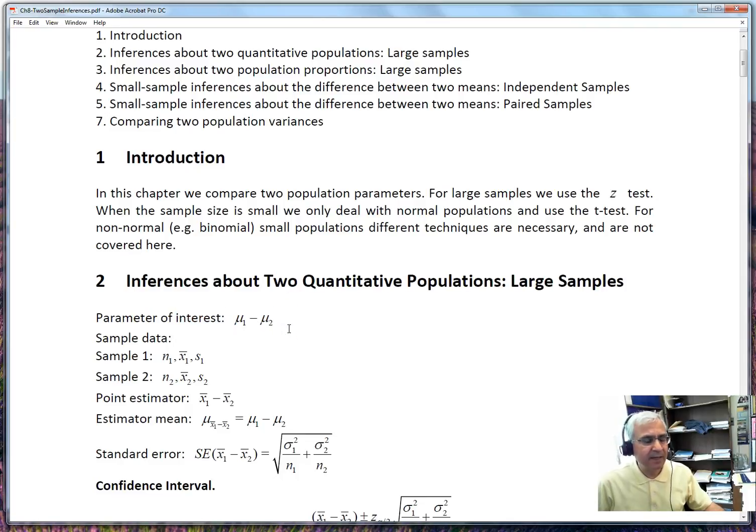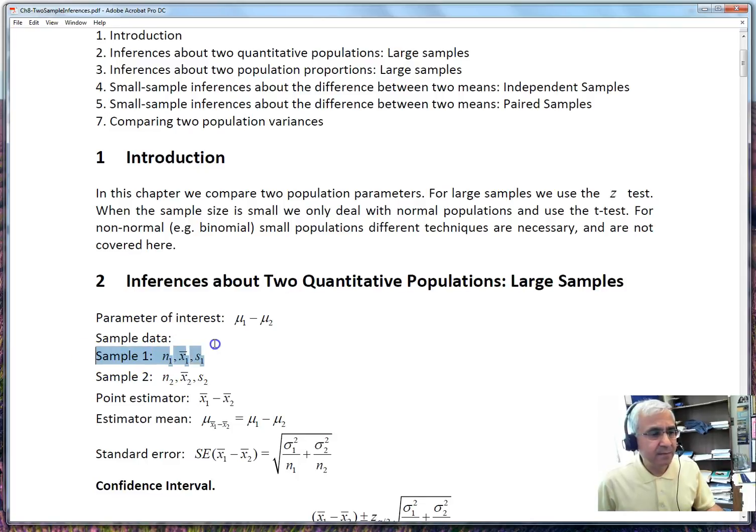And to make any inferences, whether it's testing hypothesis or confidence intervals, basically that's what we mean by inference, we need to collect data. And so we need to collect data from these two populations that are represented with means mu1 and mu2. From the first population, we need the sample size, call it n1.